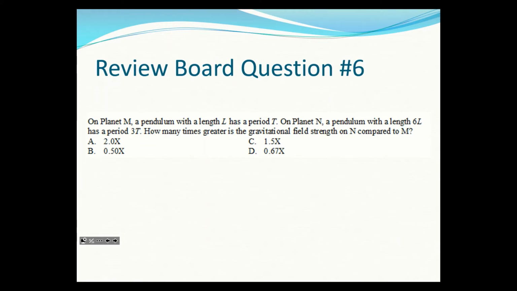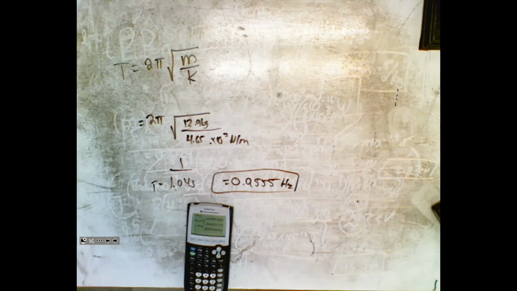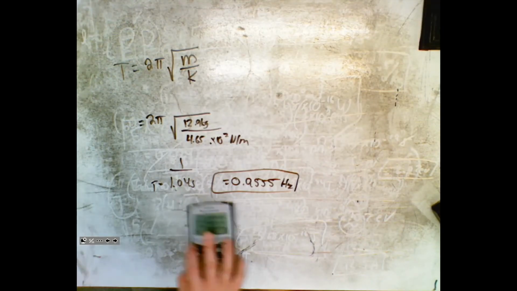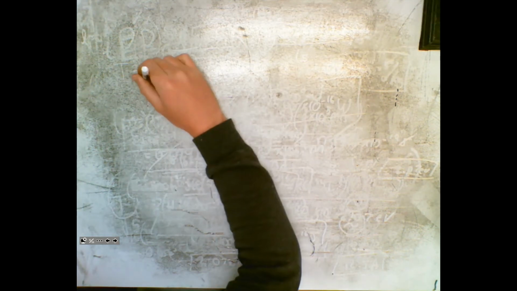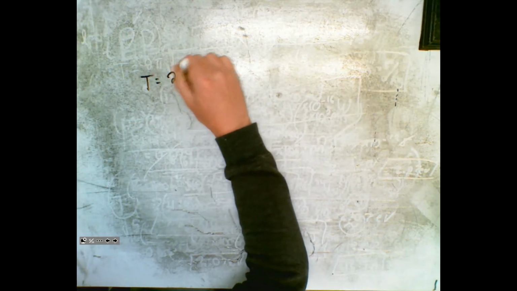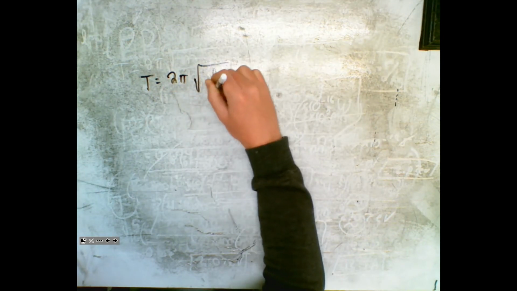Okay, so let me switch screens here. On planet M, we're dealing with period equals 2 pi square root of L over g.